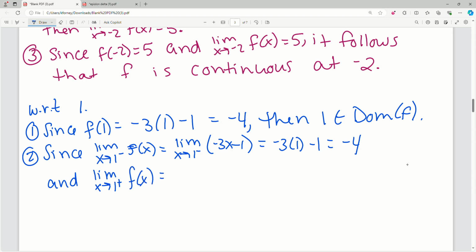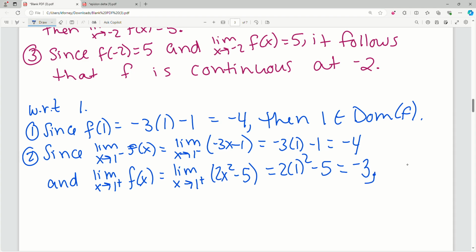For this one, we want to use the last piece of the function, which was 2x squared minus 5. So that's 2 times 1 squared minus 5, and that gives us negative 3.